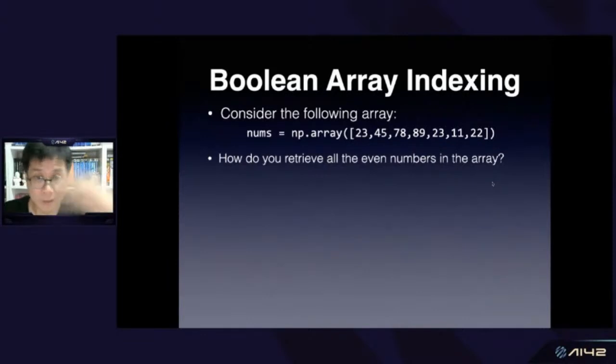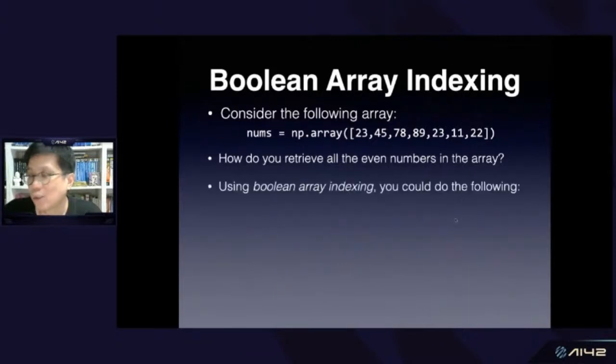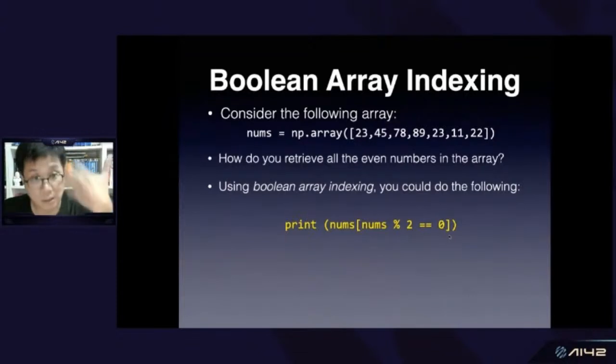If the value is an even number, we get the value out, or we append it to another list. But using Numpy, things are actually much more straightforward. You can just simply specify your condition. In this case, nums is my Numpy array, and I specify my condition nums modulo 2 equal to 0. So the end result is whatever even numbers I have in my nums array, it would be returned back to me.